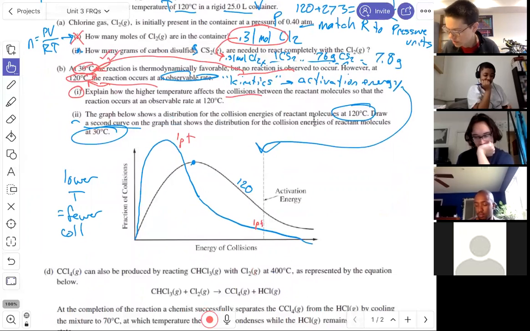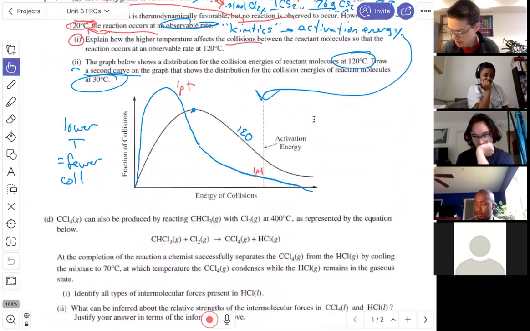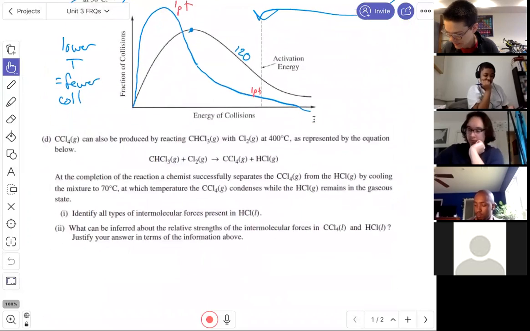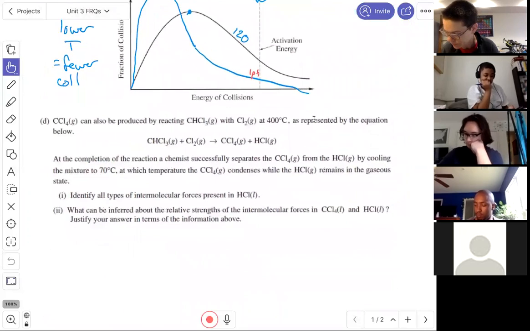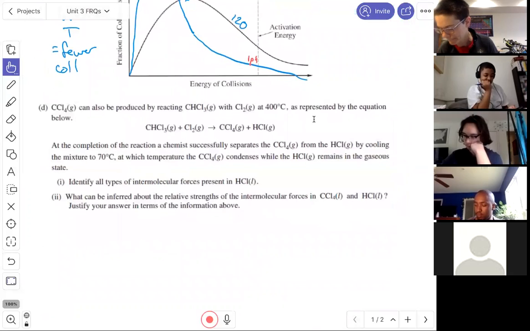All right, and then I took out part C, so we can just look at D. All right, and you can also produce this in a different equation.